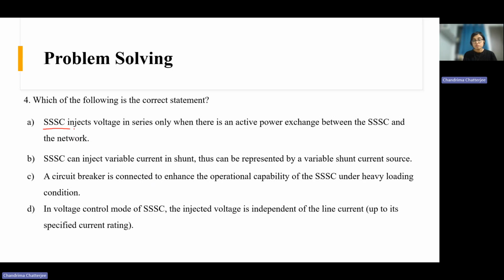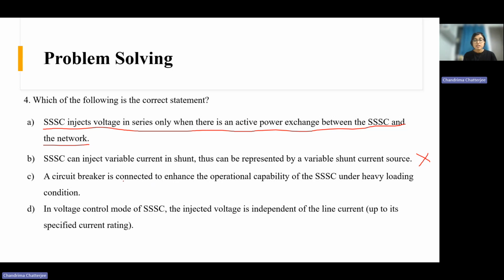This is not true because SSSC is mainly used for reactive power compensation, and even if there is no active power exchange, it will definitely inject some voltage for reactive power compensation. So this is not correct. SSSC can inject variable current in shunt, thus can be represented by a variable shunt current source. This is also not correct. We just saw that SSSC is represented by a series voltage source.